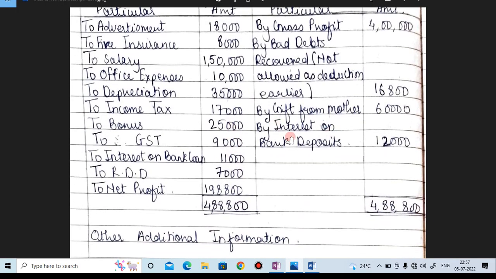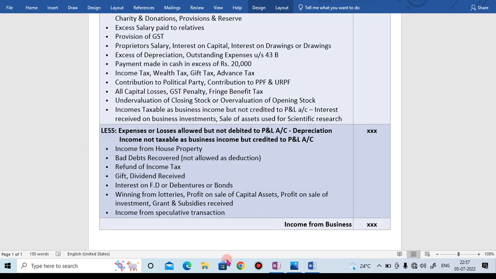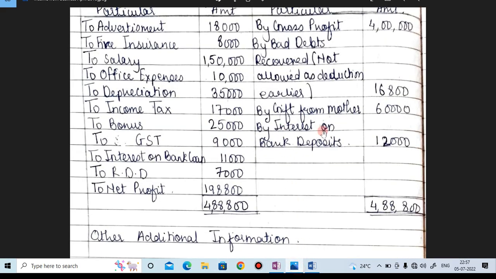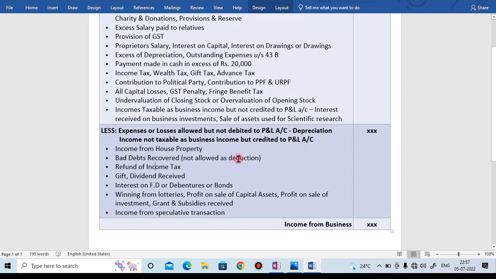After that, by interest on bank deposit, 12,000. See what is there? Interest on bank deposit. In the format it is any type of interest, whether it is a fixed deposit or any type of deposit. So that is not considered as business income.